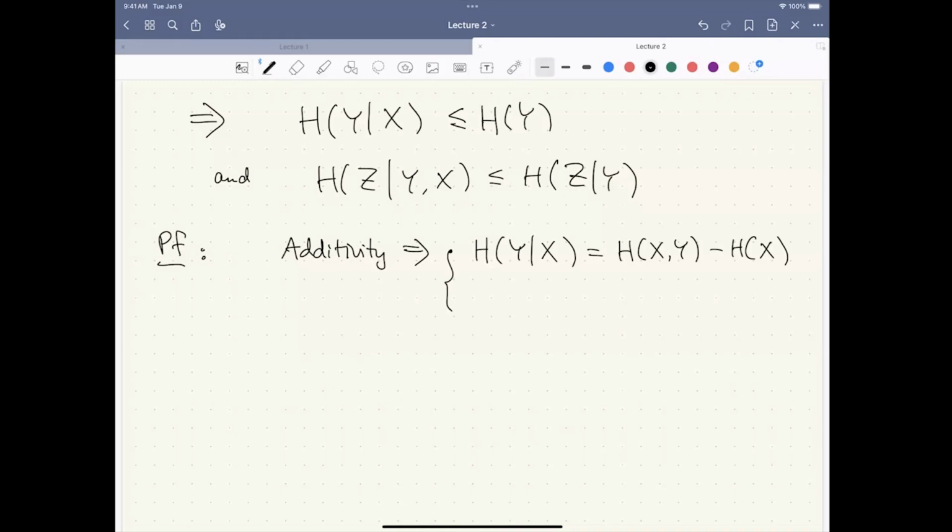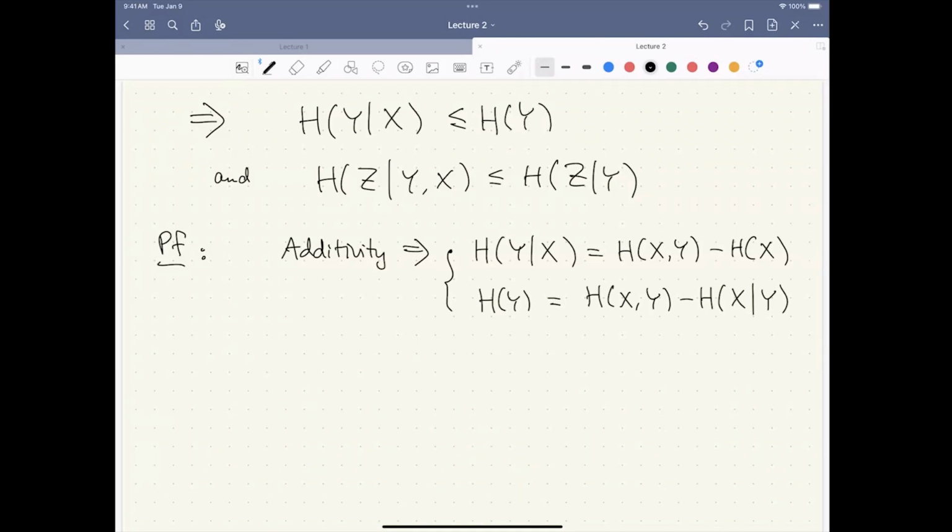And also the right-hand side, H of y, similarly by additivity, is the joint information from x, y, minus the additional information we get from x on top of y.